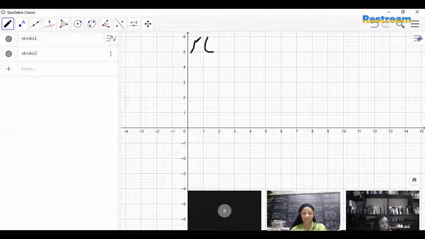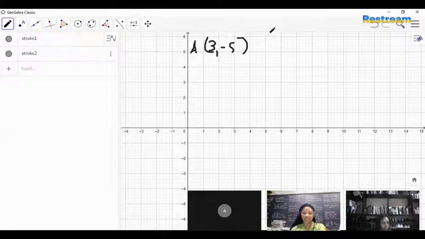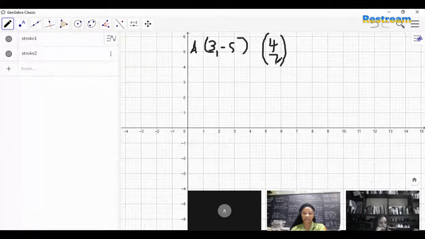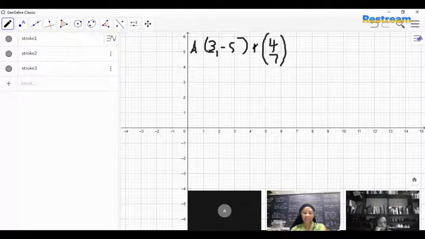The object and the image are written horizontally. So they might say point A is 3, negative 5. The translation, the vector, is written vertically. So let's say the vector is 4, 7. We add the object to the vector and we get the image.